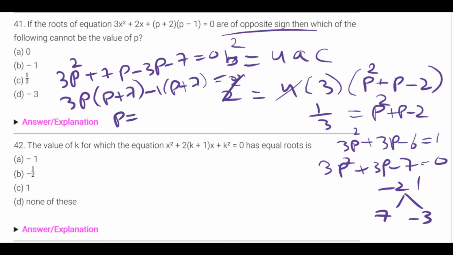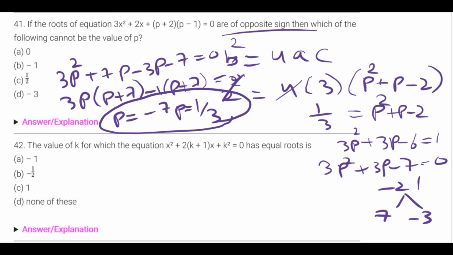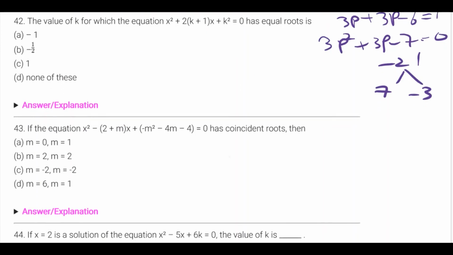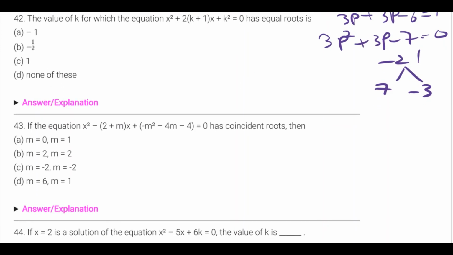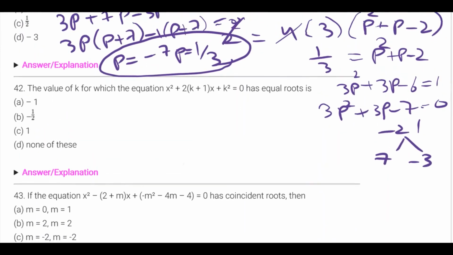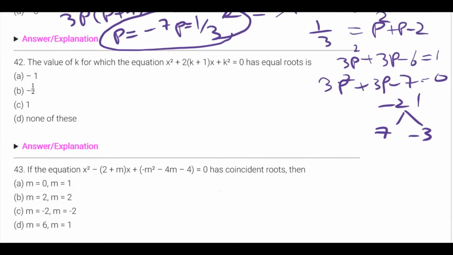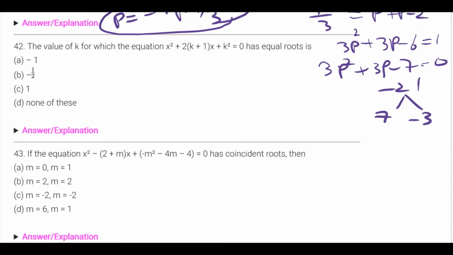So p equals to minus 7 or p equals to 1 by 3. So these two can't be the value of p. So it's minus 7 comma 1 by 3. In this question the option is not given, but the answer is p equals to 1 by 3 or p equals to minus 7.